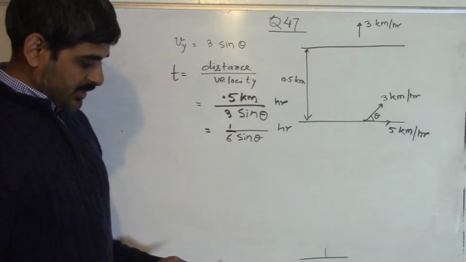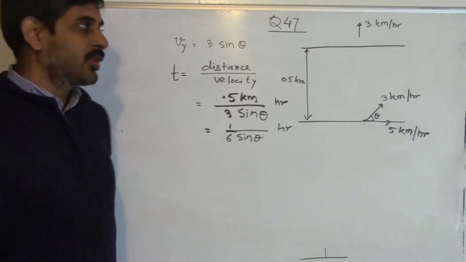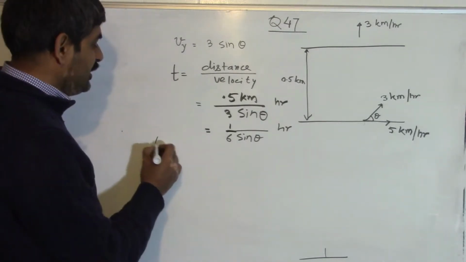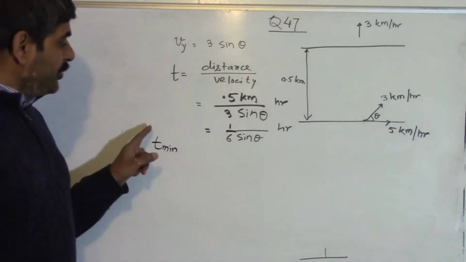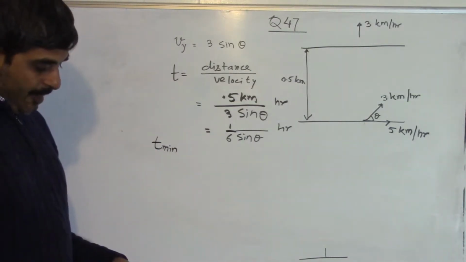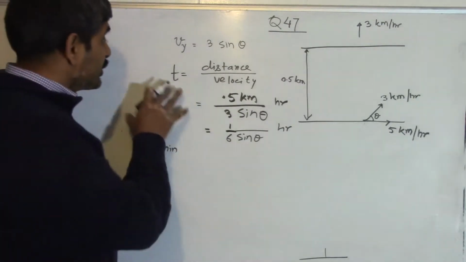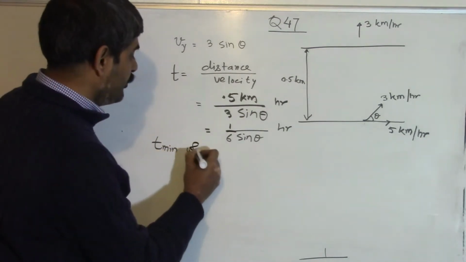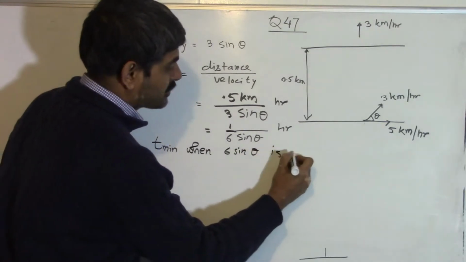The next question is, find the shortest possible time to cross the river. Shortest possible time, that is T minimum. What is the T minimum? T will be minimum when 6 sine theta is max.